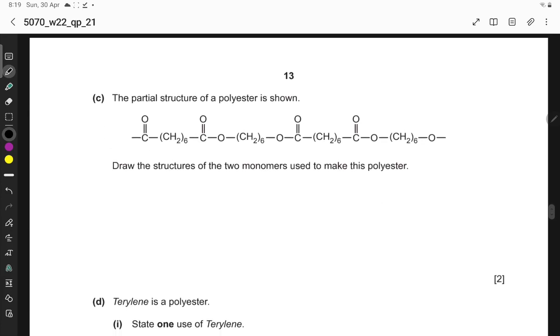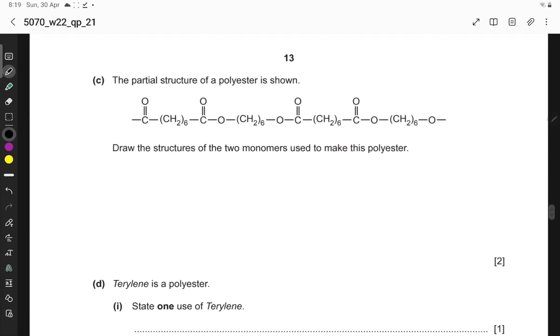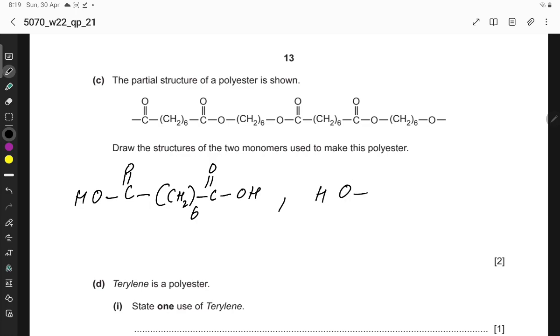The partial structure of a polyester is shown. Draw the structure of the two monomers used to make the polyester. This is one monomer and this is another monomer.